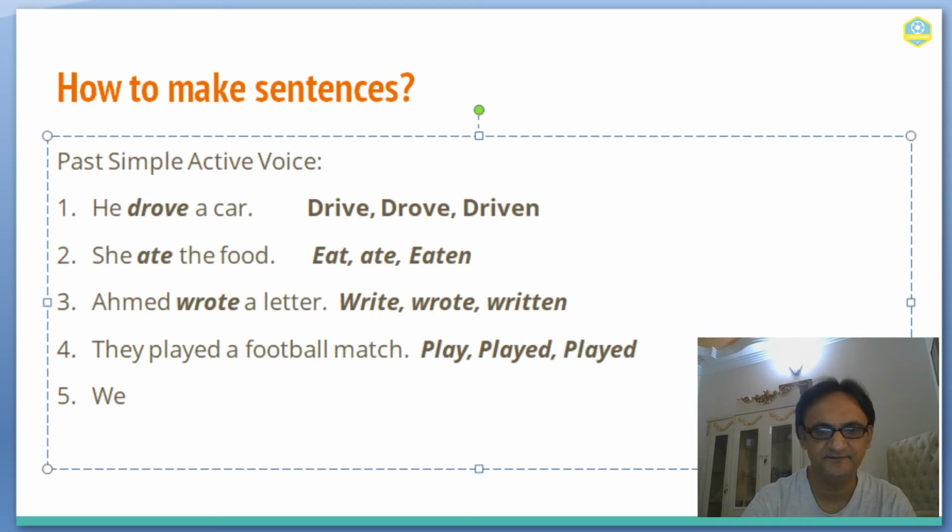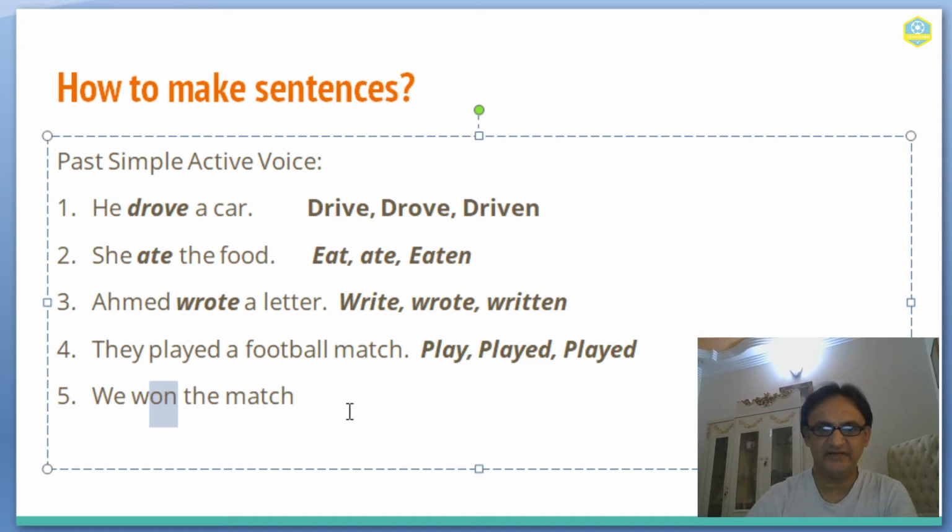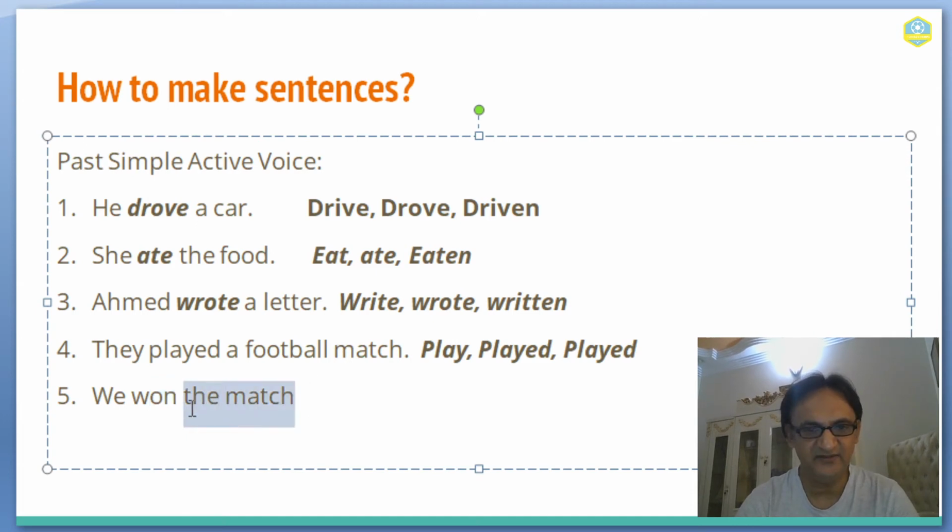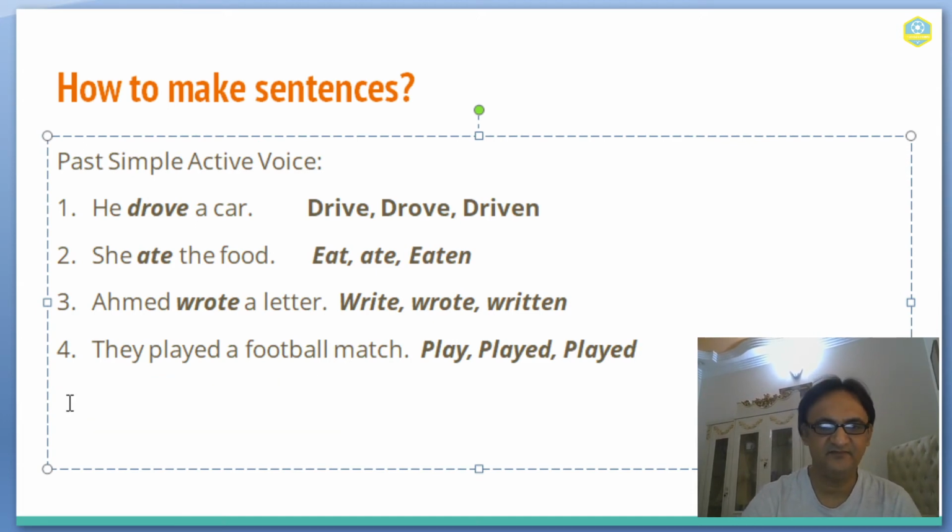We won the match. Second form of this, right? So I'm sure now you understand how to make the simple tenses. We won the match. So let's make the four sentences here.